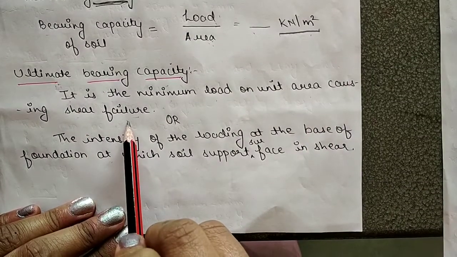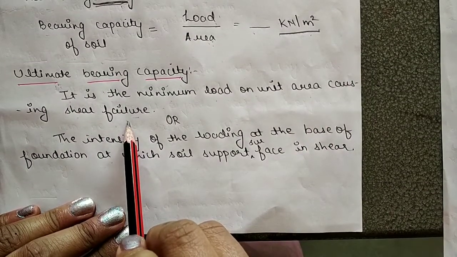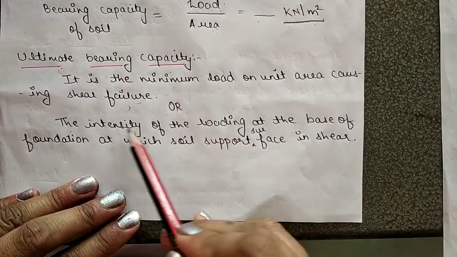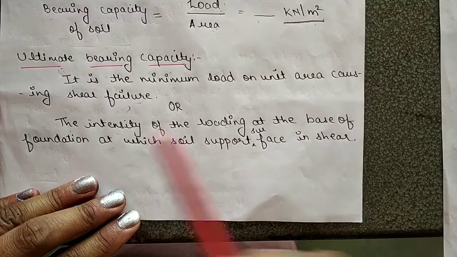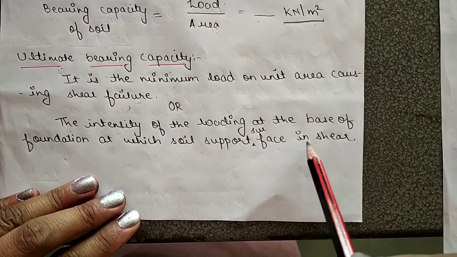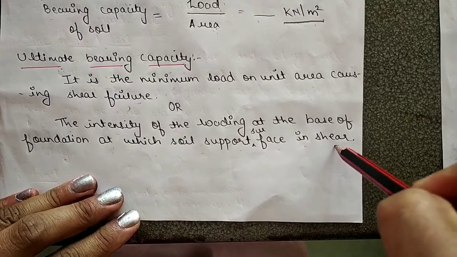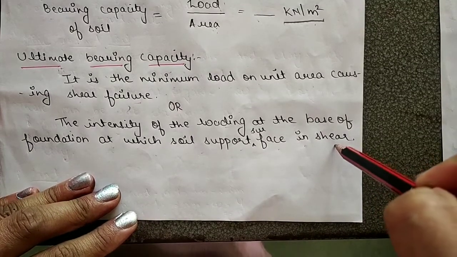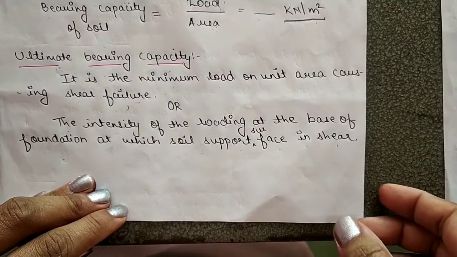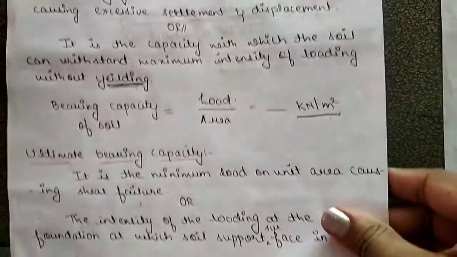Shear failure is nothing but failure of the structures. Or one more definition: it is the intensity of the loading at the base of the foundation at which soil supports the surface in shear. So it is the minimum load at which the soil starts failing. This is the definition for ultimate bearing capacity.